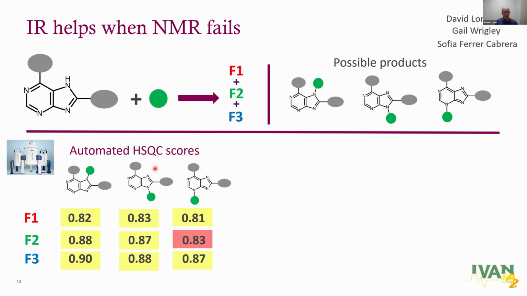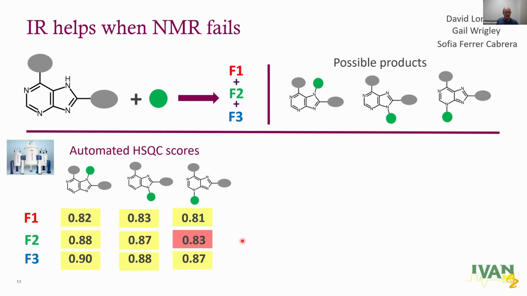So here are the scores. If we score based on the HSQC spectrum, you see all of these, and if you look at them row wise, for example, fraction 1, is it product 1, product 2, product 3? Similarly for fraction 3, is it product 1, product 2, product 3?